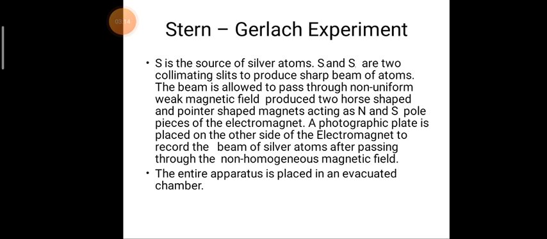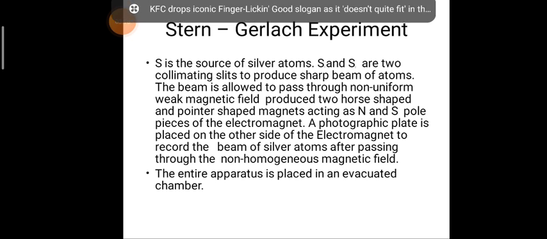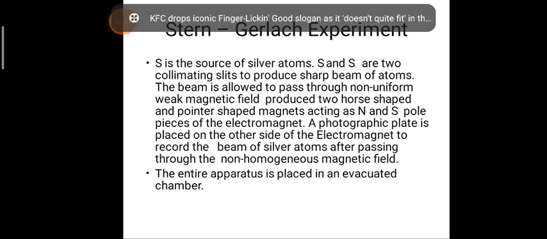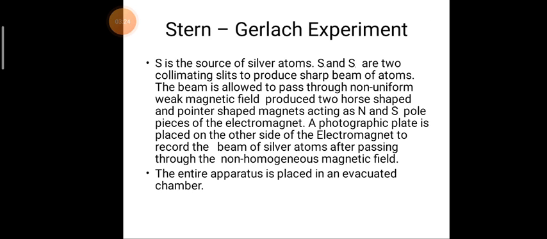Once again, let us have a look at the experimental setup. S is the source of silver atoms. S1 and S2 are two collimating slits to produce a sharp beam of atoms. The beam is allowed to pass through the non-uniform magnetic field produced by electromagnets.